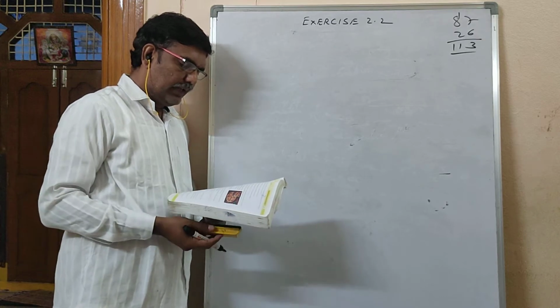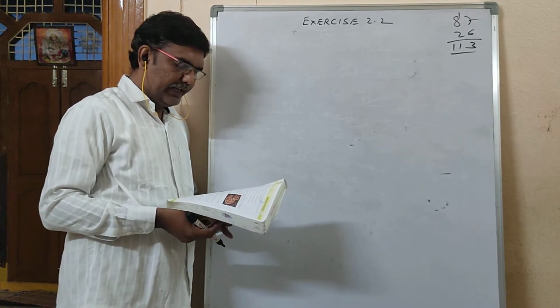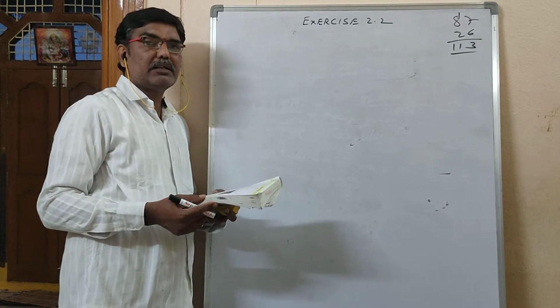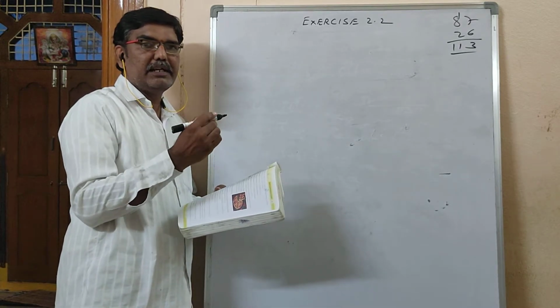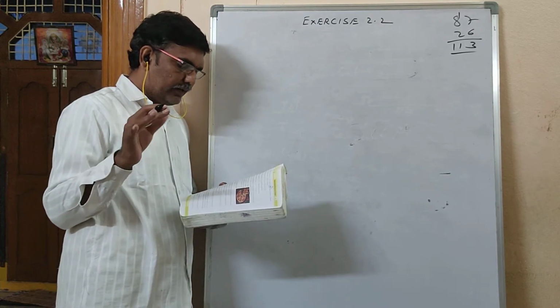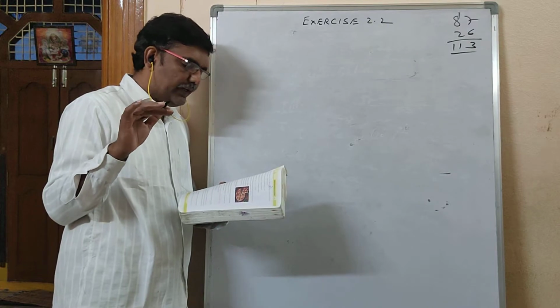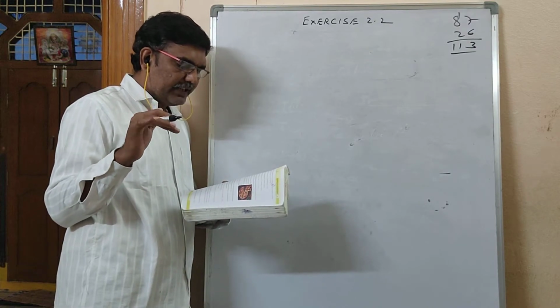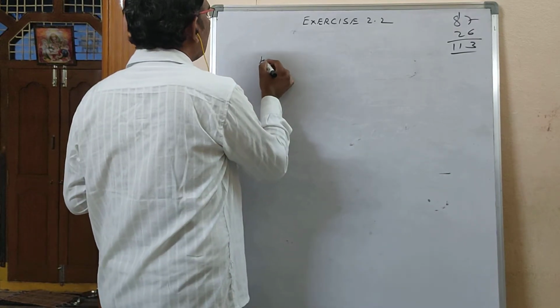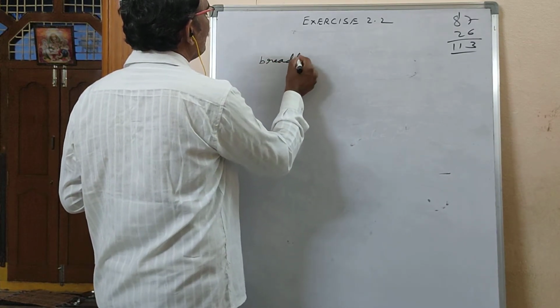Next question. The length of a rectangular field is 8 meters less than twice its breadth. See, it is given in English, okay? So, length and breadth he compared. The length of the rectangular field is 8 meters less than twice its breadth. So, the breadth of the rectangular field you should assume as x.